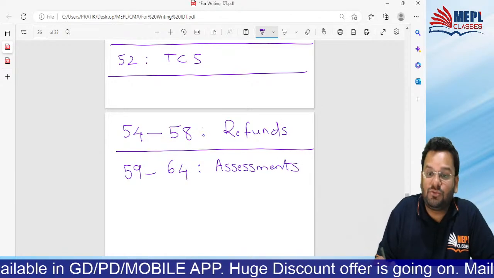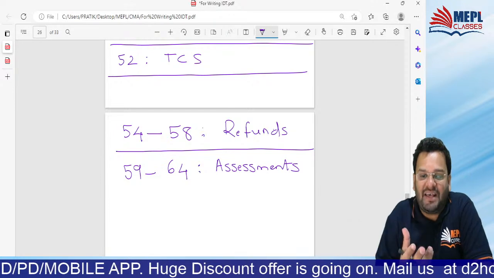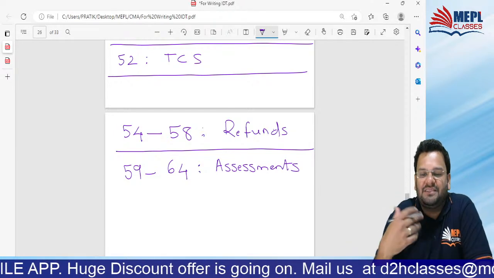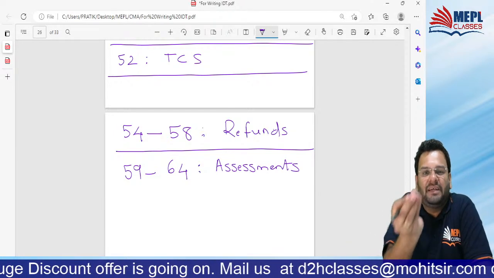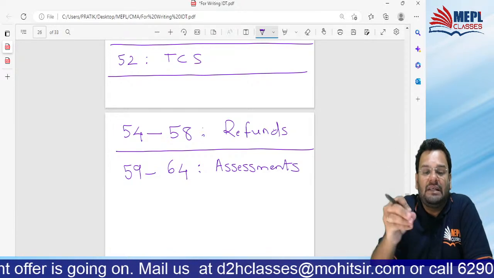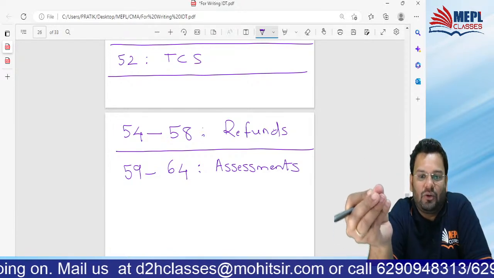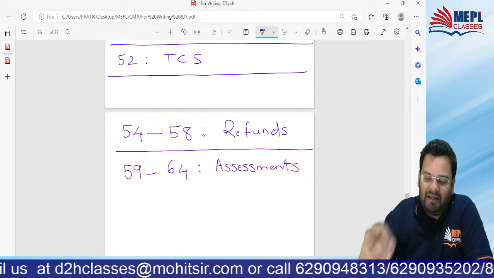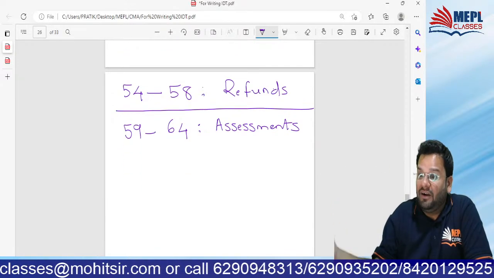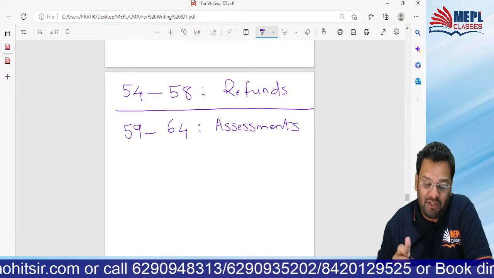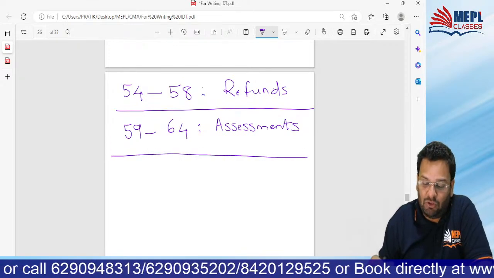What type of assessments? Self-assessment. That means how the supplier himself has to calculate his liability and pay. And sometimes the officer can do scrutiny assessment.